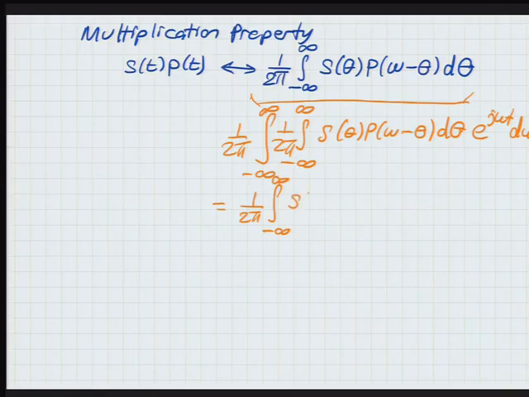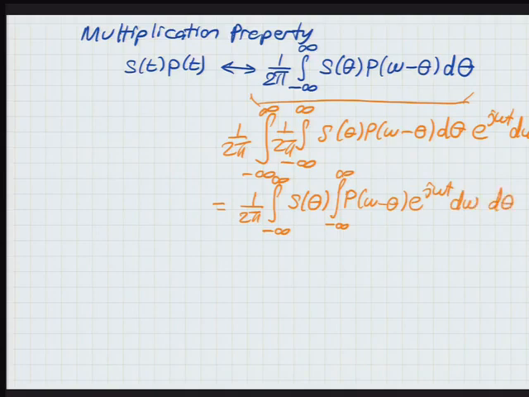That allows me to leave s of theta out, because that's with respect to theta. And what remains inside is the integral over omega of p of omega minus theta, e to the j omega t, d omega, right? And then we do d theta. I am forgetting a 1 over 2 pi somewhere. I think I can just sneak it in here, okay?